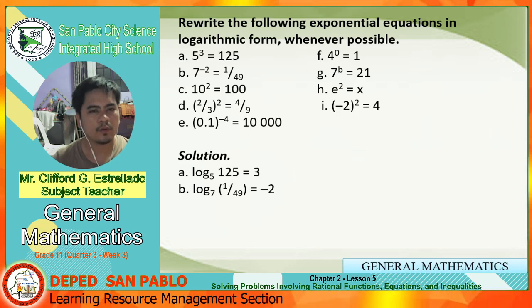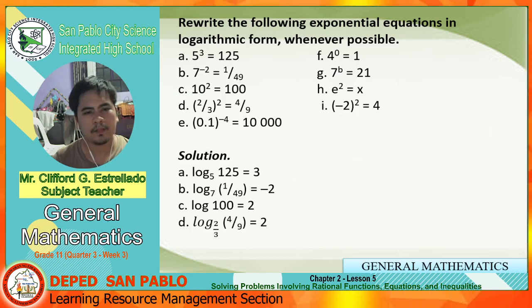Letter C, 10 squared is equal to 100. So we have logarithm of 100 with the base of 10 is equal to the exponent, which is 2. In letter D, we have logarithm of 4 over 9 with the base of 2/3 is equal to 2.